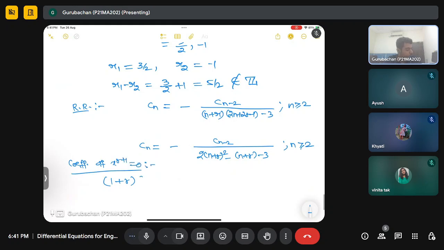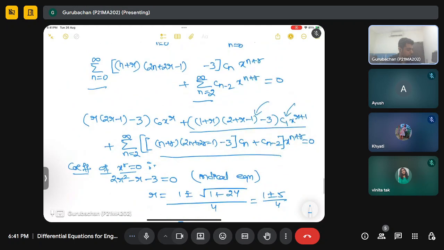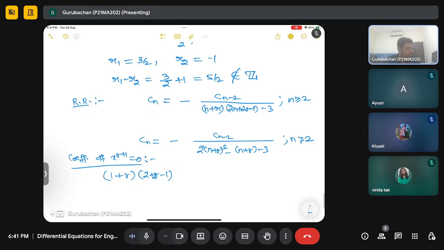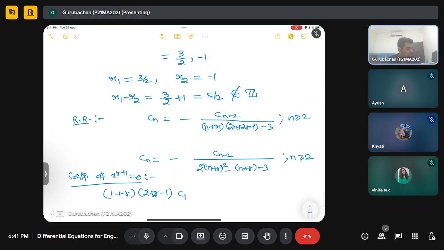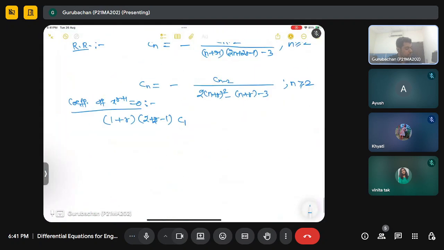So this will give you (1 plus r)(2 plus r minus 1) minus 3, c1 equal to 0. So this will imply c1 to be 0.